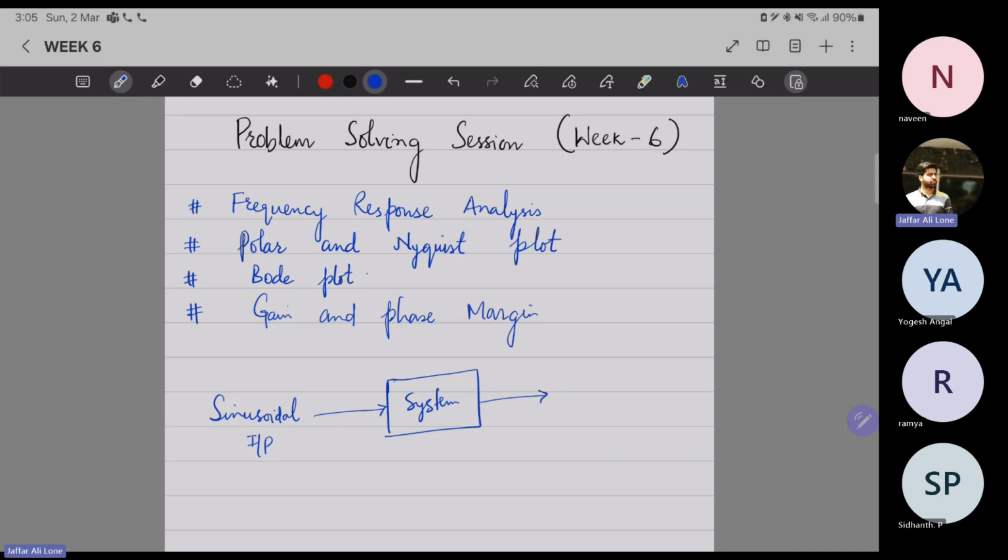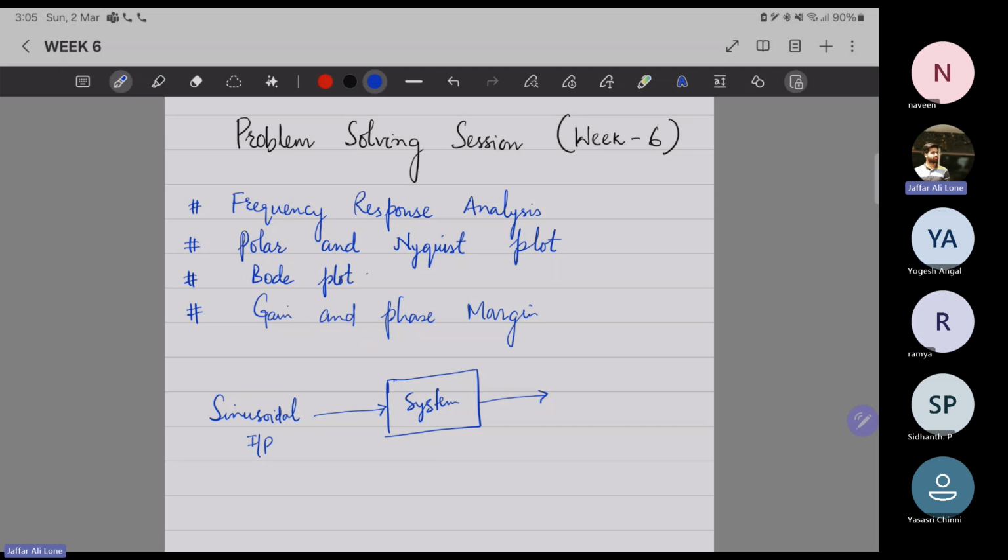If it's a linear system, and we assumed in lecture one that throughout this course we'll be talking about linear time invariant systems, we'll also get a sinusoidal output. For example, if I'm giving sine omega t at the input, I should get A sine omega t plus phi.